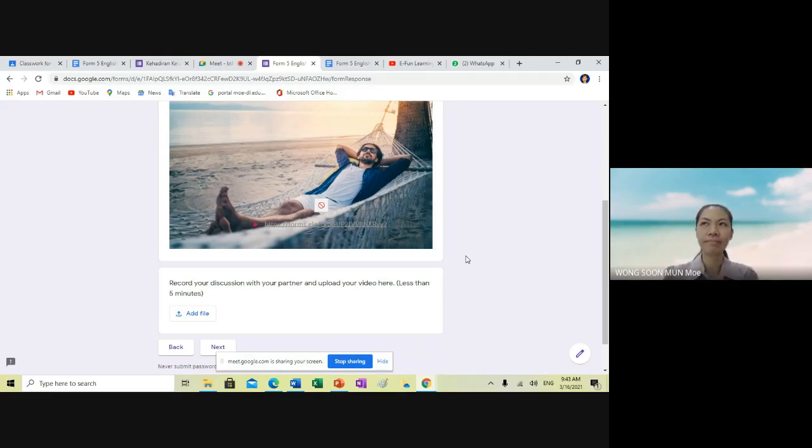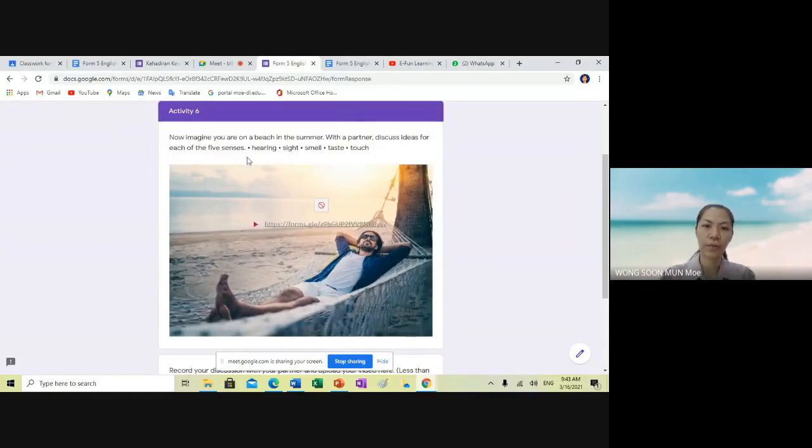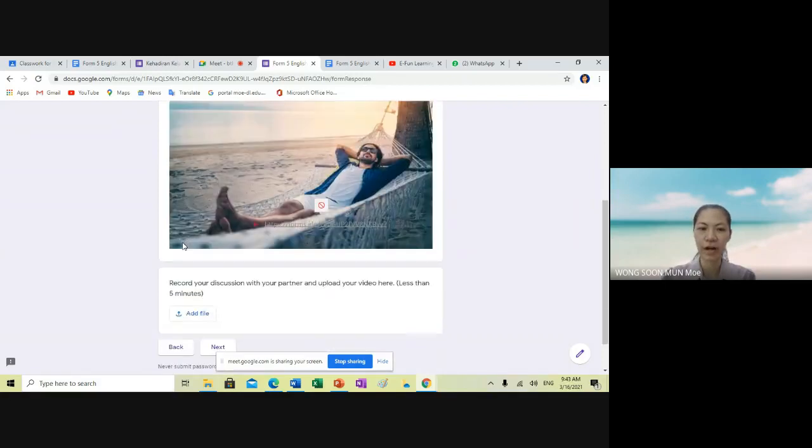Just video call, and then discuss together. Discuss together what are the 5 senses that you can imagine on a beach in the summer. Then record your video, record your discussion, and then you upload here.